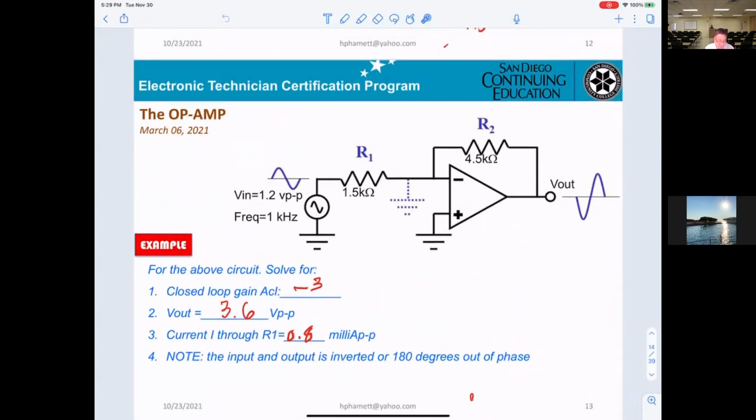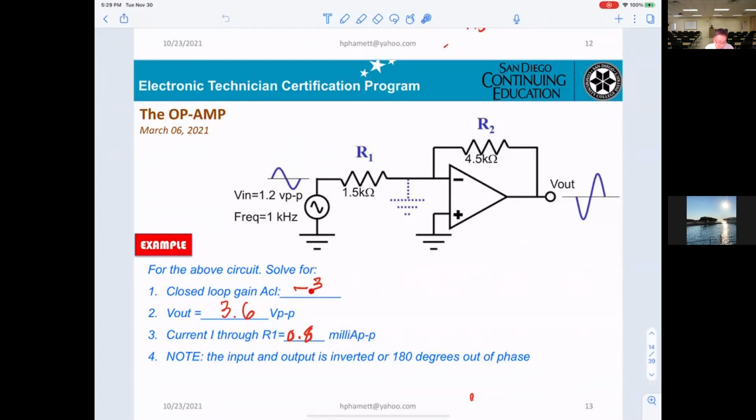Now if you apply the AC voltage to the inverting amplifier, it is the same thing. That means you can get the gain ACL, the closed loop gain.